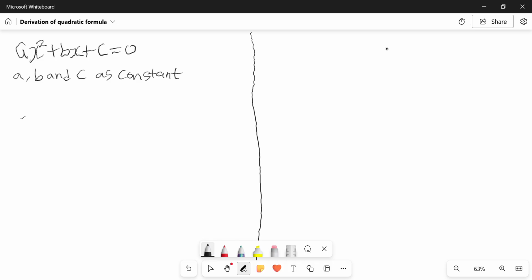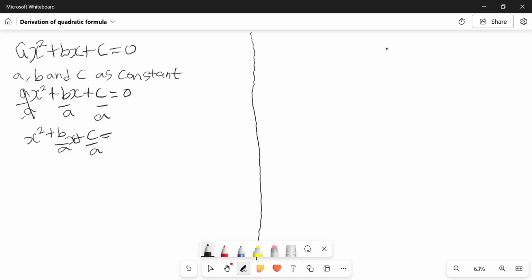So this will be ax squared plus bx plus c equals 0, with our a dividing all through, over a. So this we cancel. We now have x squared plus b over a x plus c all over a equals 0.